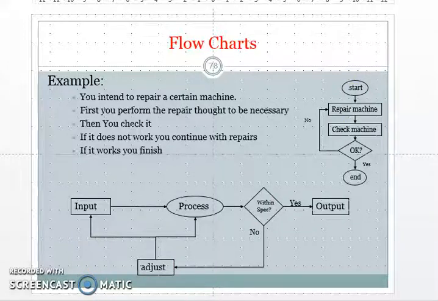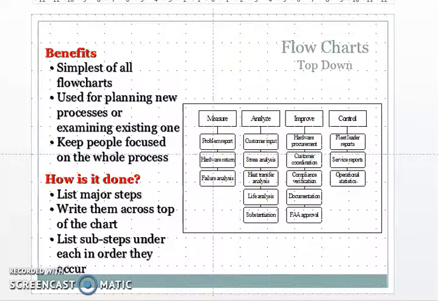After that there is one more type of flowchart, the top down flowchart. This flowchart is used for planning a new process or examining the existing one. Here it keeps people focused on the whole process. This is the benefit. How is it done? Here you have to list the major steps in this chart: measure, analyze, improve, and control.